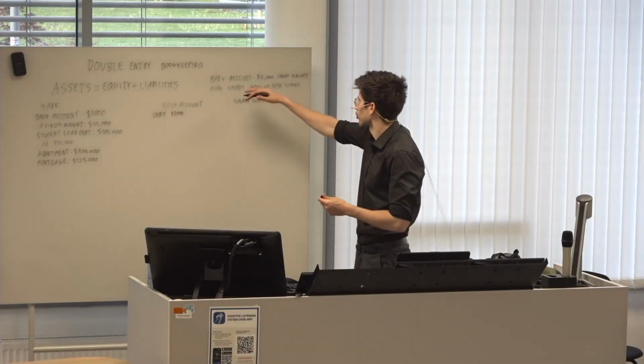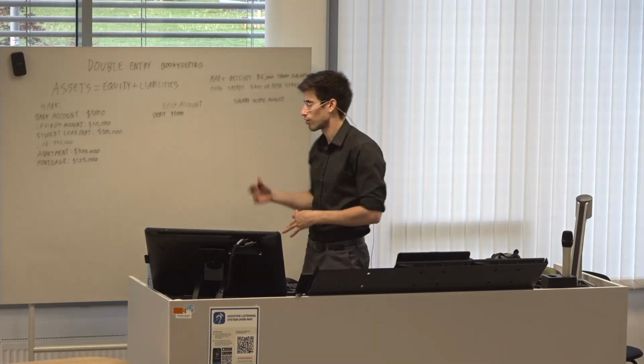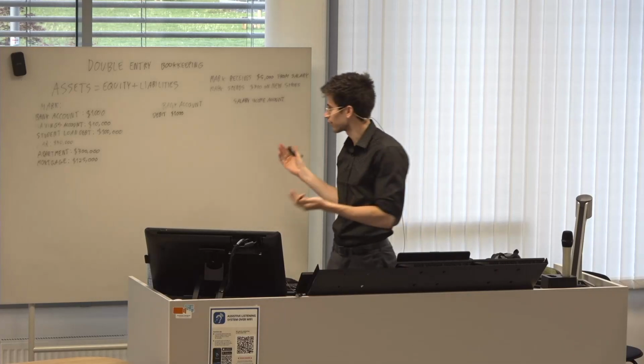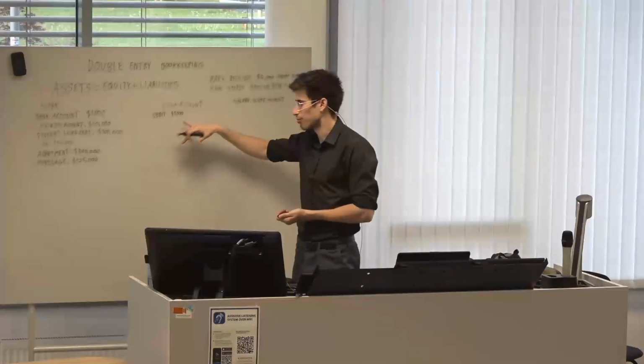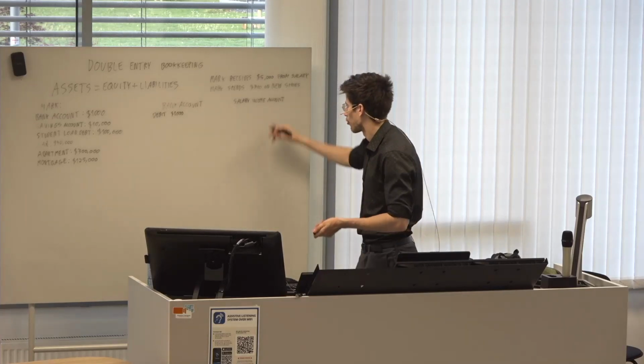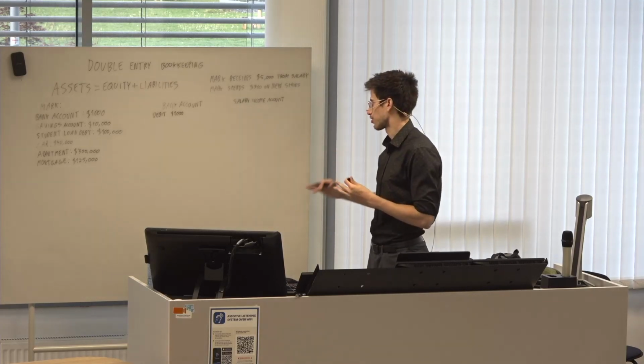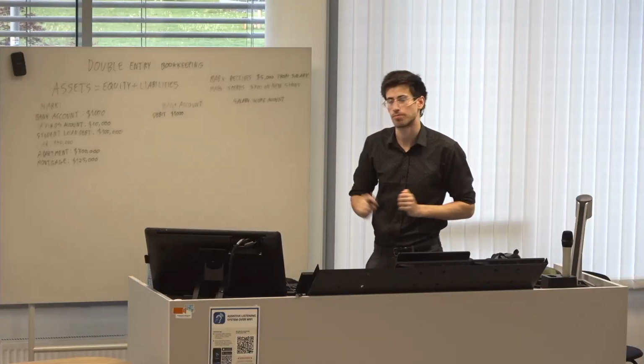So this transaction, Mark receives $5,000 from salary. It involves two accounts, and in this case we have his bank account and salary income account, a register that we use to store the transactions involving salary income.